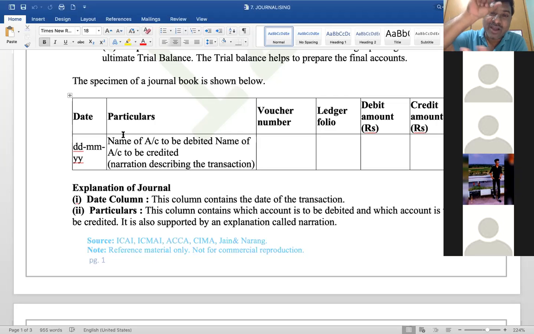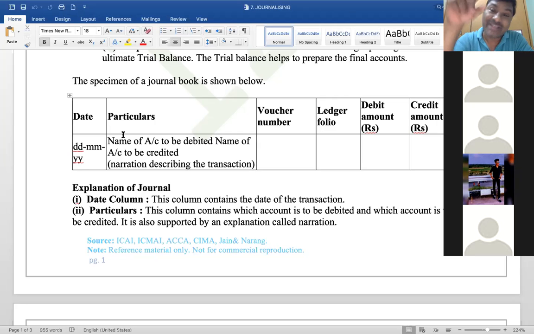For every account, they will earmark 5 pages, 10 pages, depending on the volume of transactions for that account. So the page number in which this transaction is reflecting in the ledger. Ledger folio means the page number in which this transaction appears in the ledger.